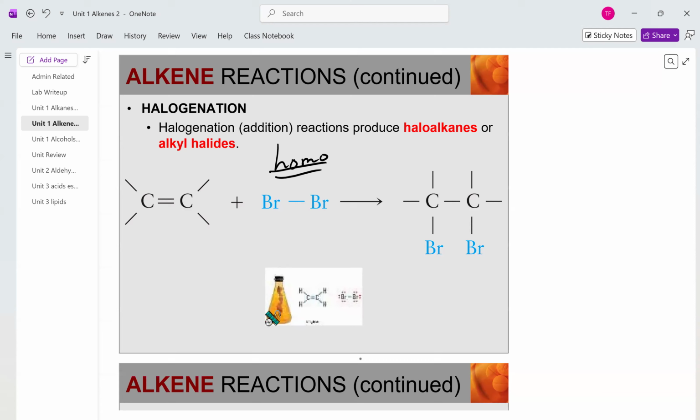So each one of these is going to add across. Okay, so this single bond is 2 electrons, and there's 2 electrons as part of that double bond. In fact, let's do that in different colors.